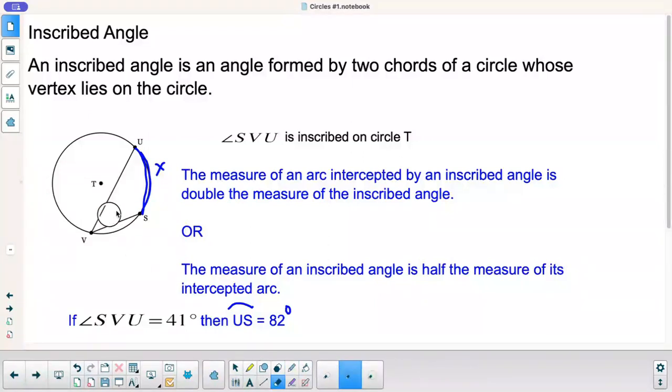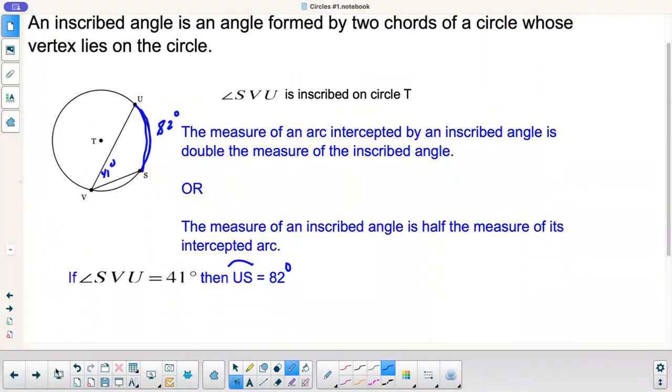So, likewise here, with numbers, you can see a little bit better. If SVU is 41 degrees, then arc SU or US is 82 degrees. So I got to double the inscribed angle to get the intercepted arc. If they just gave me the intercepted arc, then I'd have to divide by 2 to get there.